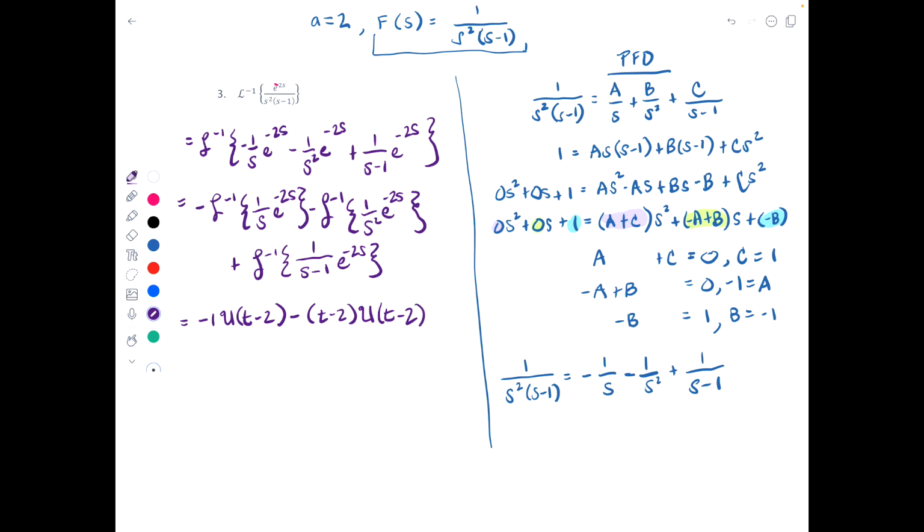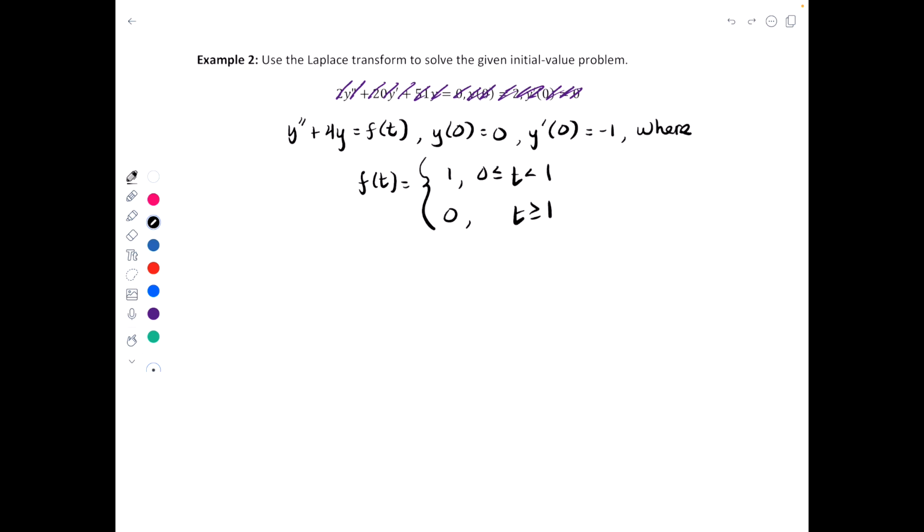That gives us our second portion, the 1 over s squared. And then from the 1 over s minus 1, we will get plus e to the t minus 2 times our unit step function at t minus 2. And that's what we wanted. Groovy?